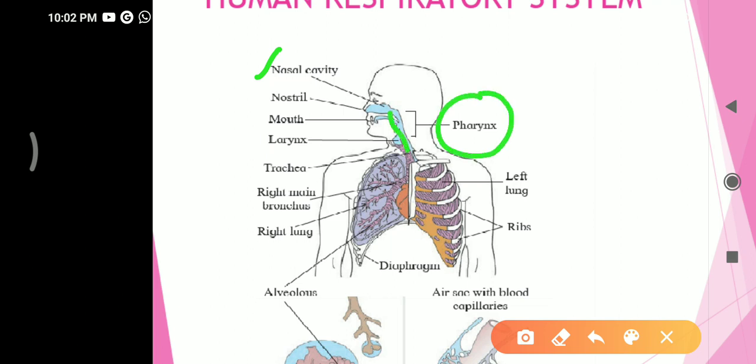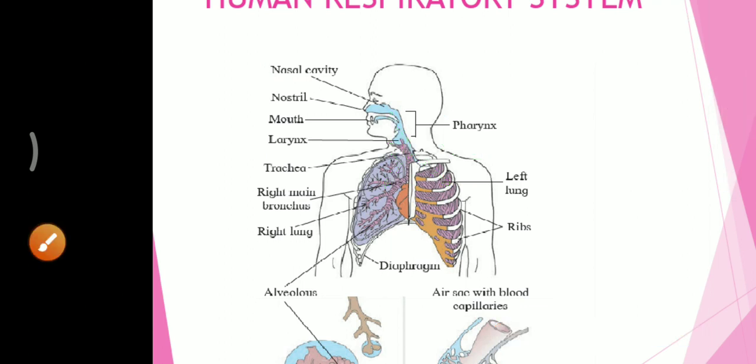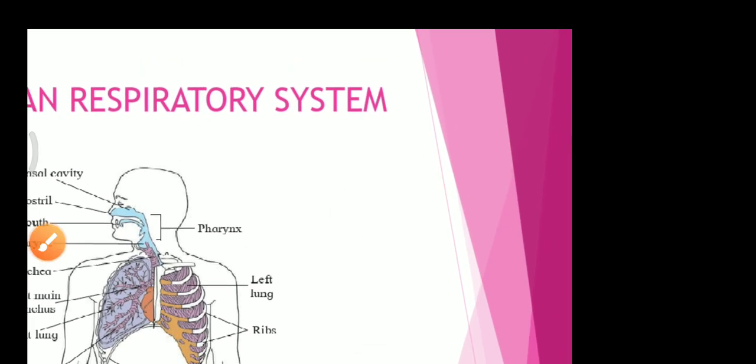After the pharynx comes the larynx, then the larynx to the trachea, the traveling of oxygen, and then the trachea to the bronchi to the bronchioles. At last, the stoppage of this oxygen is the alveolus, which is the air sac where the blood capillaries are present. In the blood capillaries this oxygen diffuses and travels with the circulatory system, circulating all over the body, right.